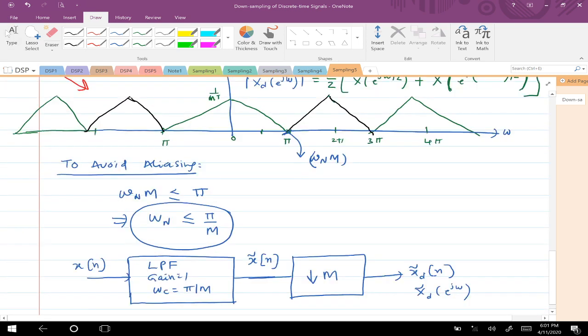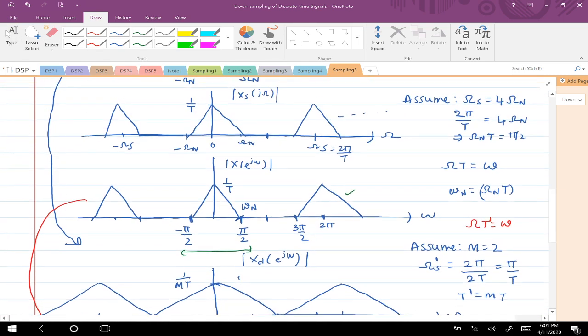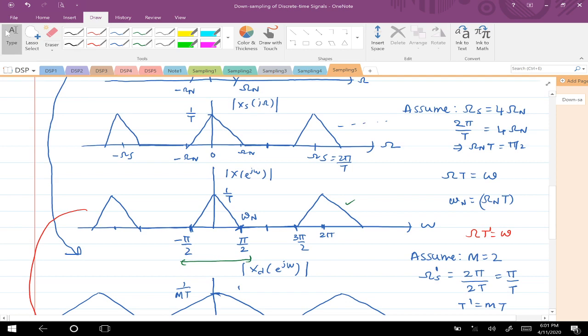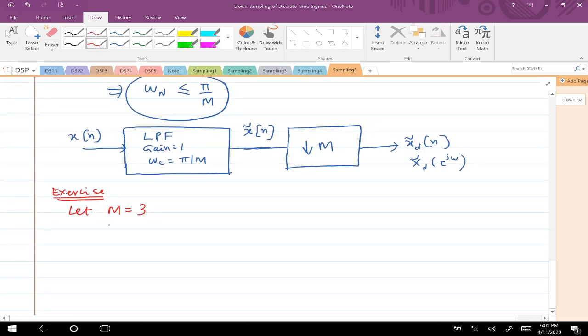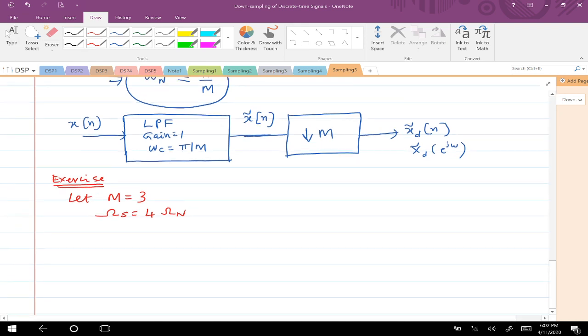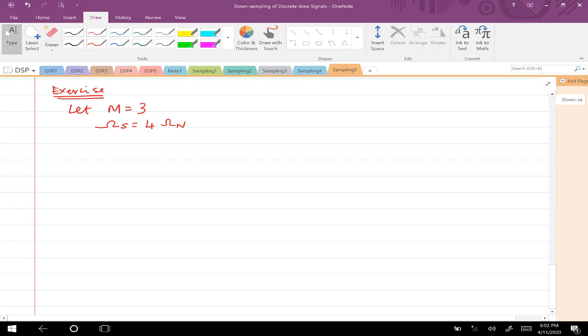I will retain this relationship still, that is omega s equal to 4 times omega n. I would retain this signal, and then let's draw various things. So I will give you more like a fill in the gaps.